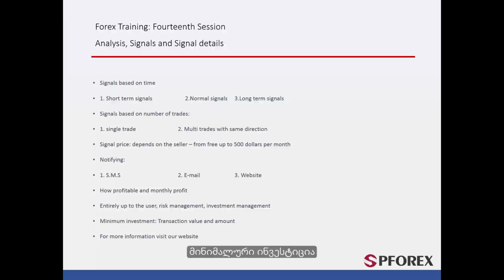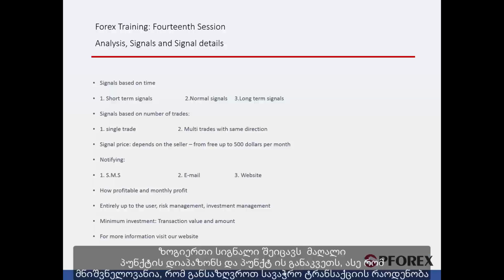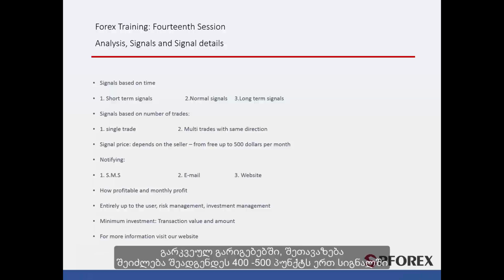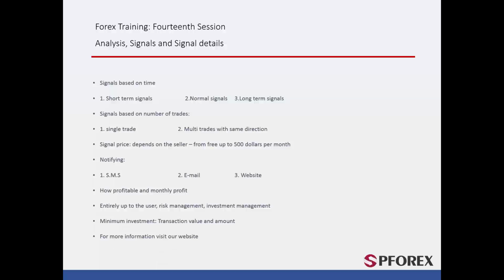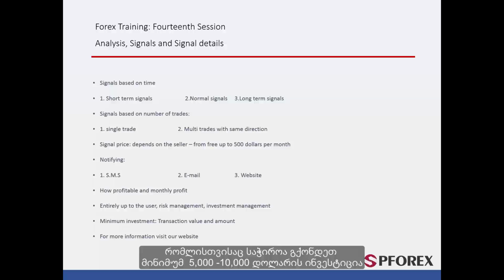Minimum investment. The minimum investment you make is important. Some signals involve high pip range and pip rate, so it is important that the trade and the amount of transaction is set. For some trades, that offer can be 400 to 500 pips in a signal, for which you need at least somewhere around $5,000 to $10,000 investment.